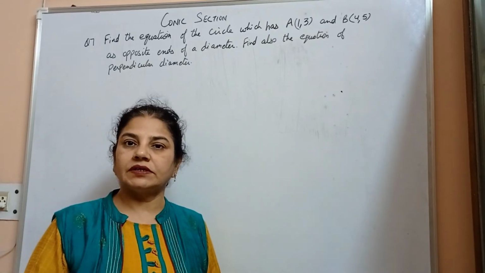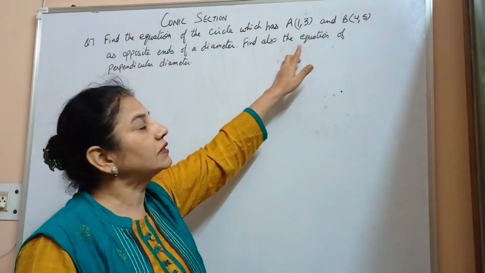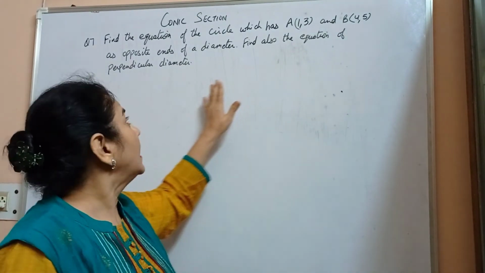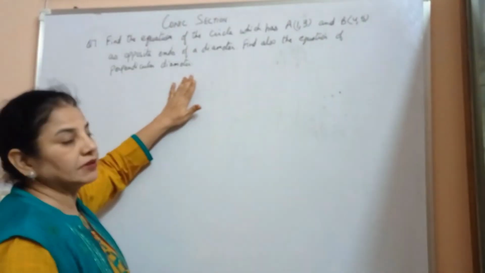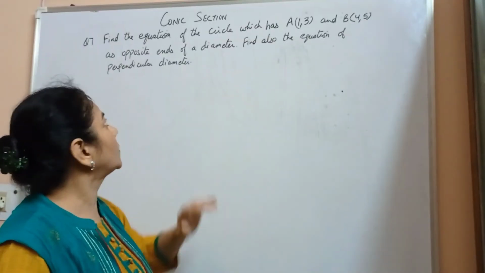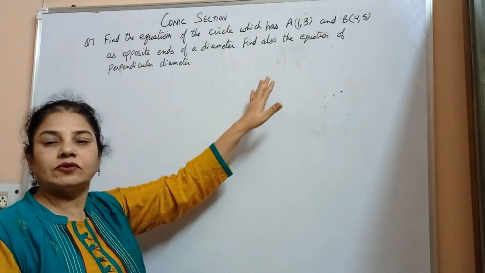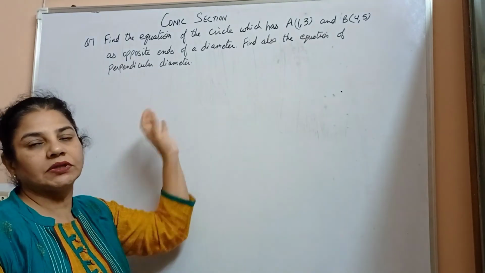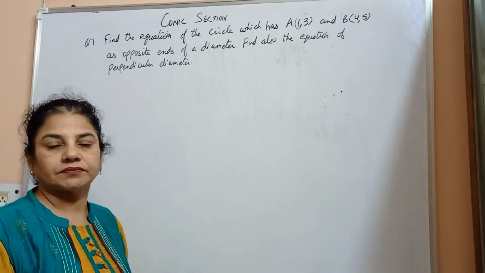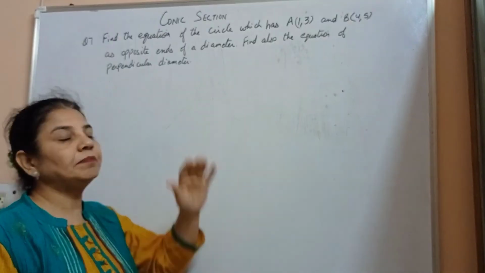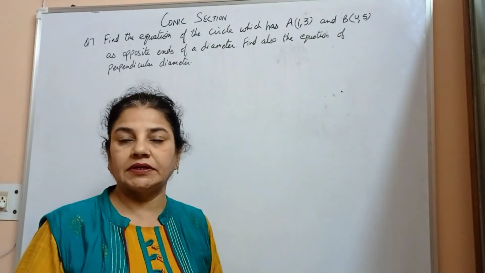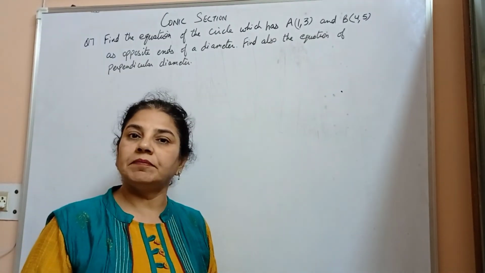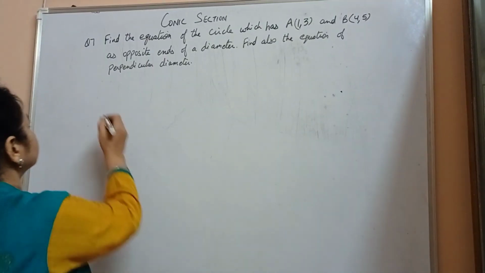Find the equation of a circle which has A(1, 3) and B(4, 5) as the opposite ends of a diameter. Find also the equation of the line perpendicular to the diameter. As A and B are the extreme points of the diameter, we apply the diameter form of an equation.